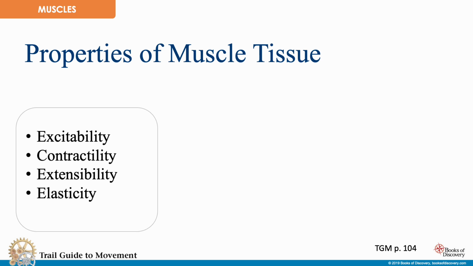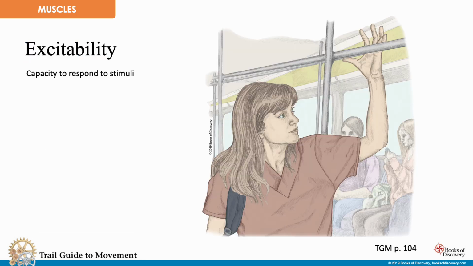Now we'll overview the 4 properties that define what muscle can do: excitability, contractility, extensibility, and elasticity. Excitability is the ability to respond to stimuli.